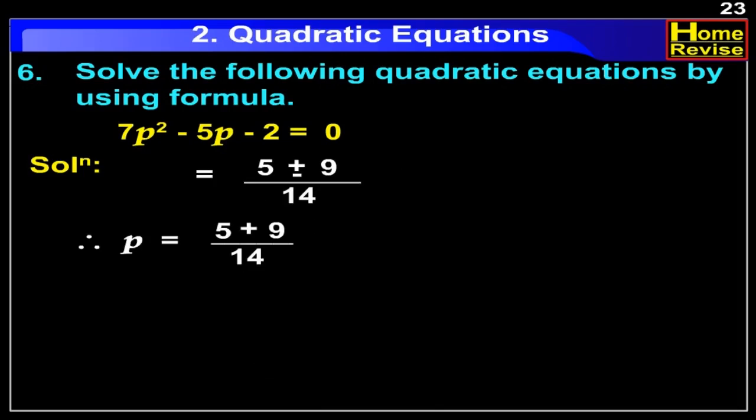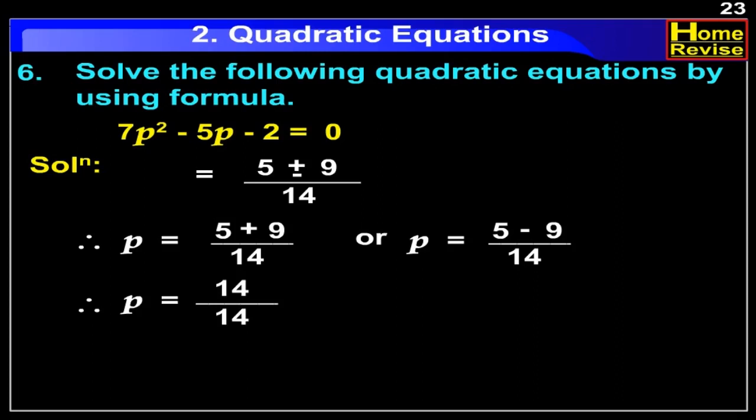Therefore, p = (5 + 9) / 14 or p = (5 - 9) / 14. Therefore, p = 14/14, which is equal to 1, or p = -4/14, which is equal to -2/7.